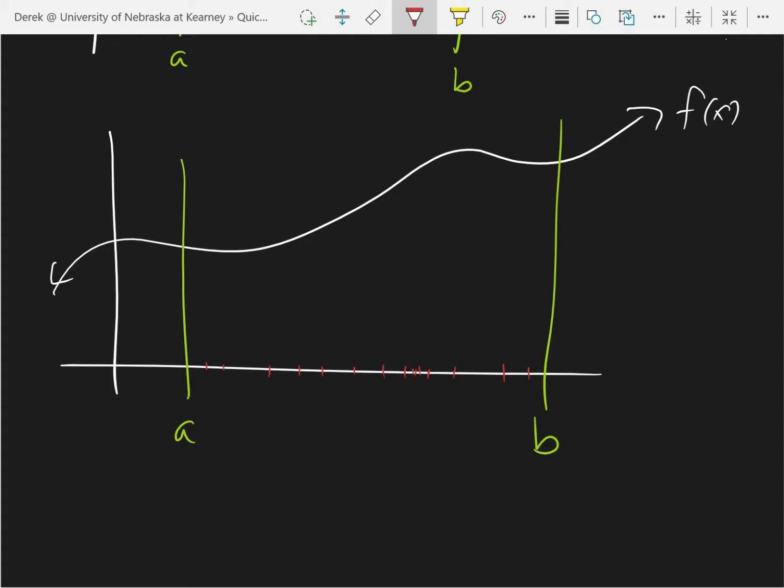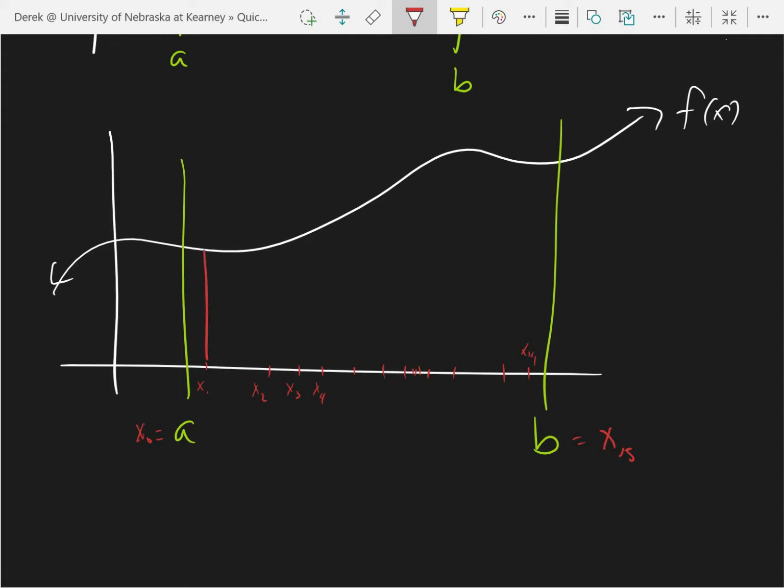Maybe I've got a big space in this area, but that would be a partition, and there's going to be a finite number of points. I'll call this first one x1, A is going to be x0, this is x2, x3, x4, and so on. How many do I have here? 5, 6, 7, 8, 9, 10, 11, 12, 13, 14, and B is going to be x15, here's x14, and so on.